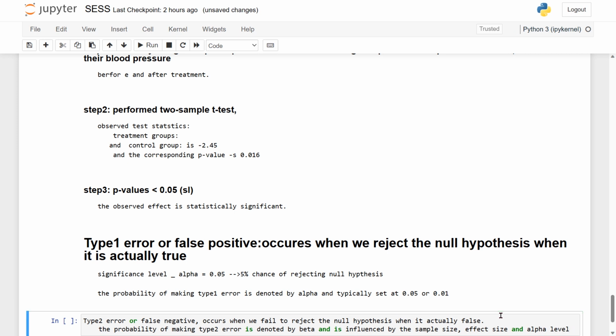So the trade-off between type 1 and type 2 errors is important to consider in hypothesis testing.